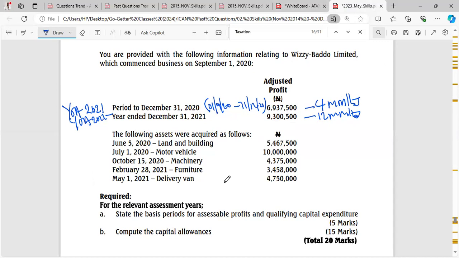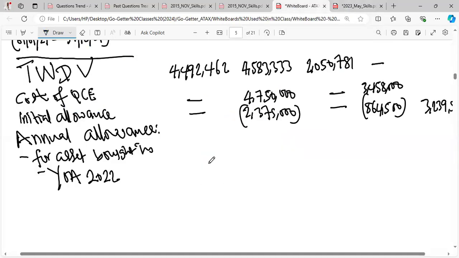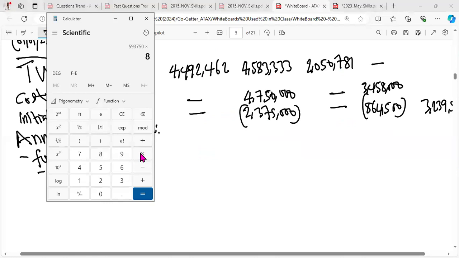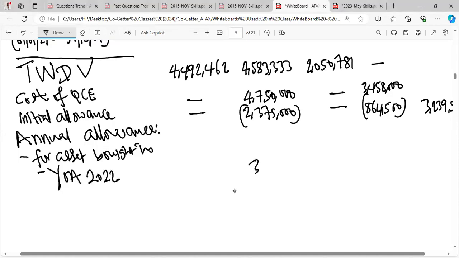So we will now say times 8 divided by 12. So that's the capital allowance for this one here, 395,833.